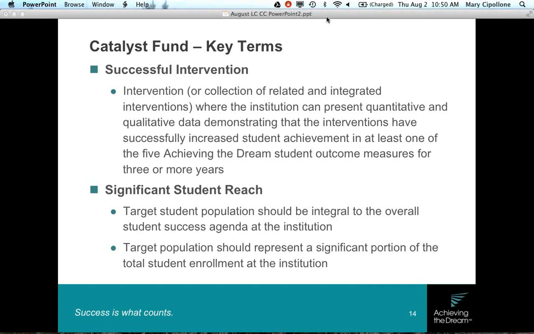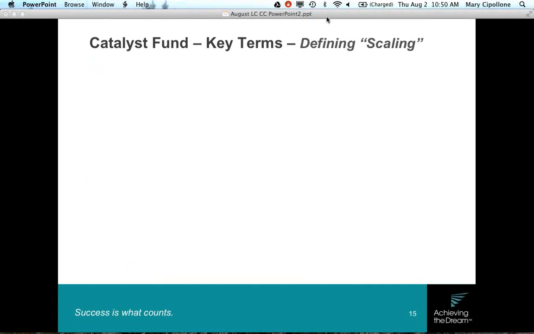In addition, this target student population should represent a significant portion of the total student enrollment at the institution. So the goal of the Catalyst Fund colleges will be to serve significantly more students within a large target student population that will have an impact on the overall reform movement on campus.